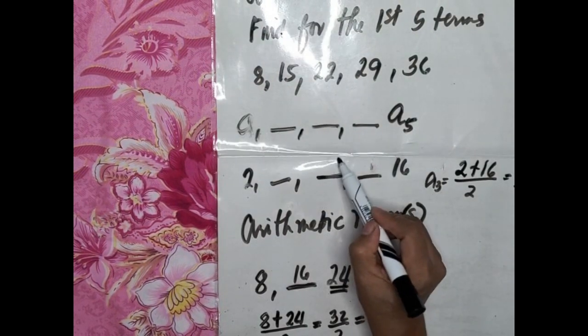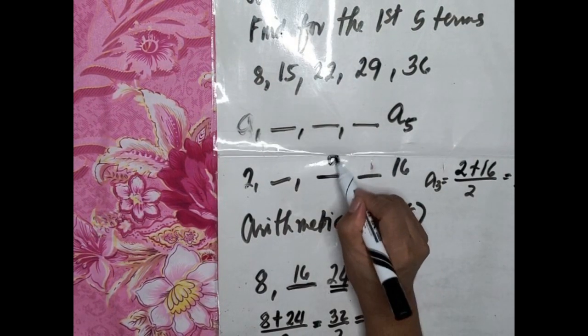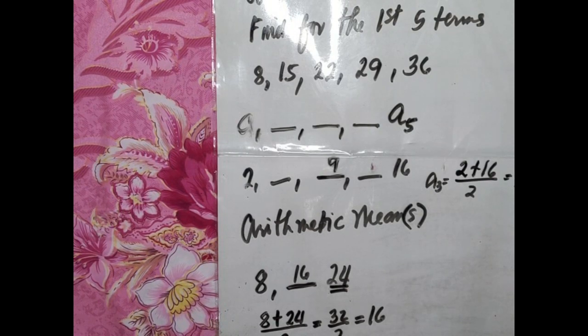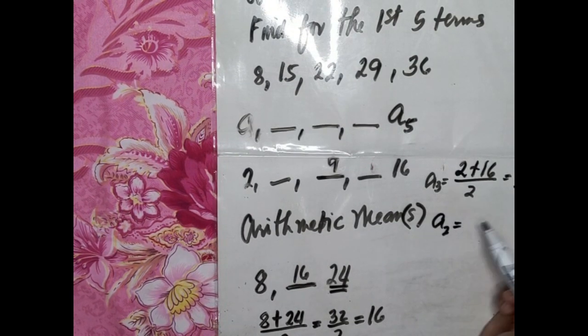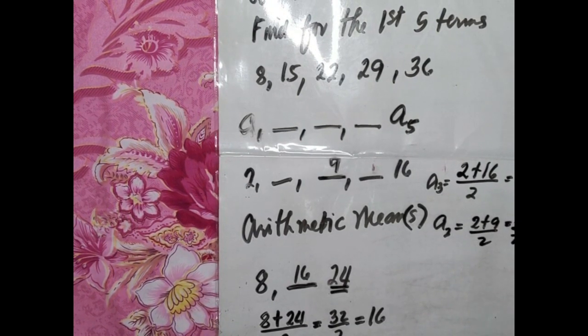So our mean is 9 between the two terms. Then what is 2 plus 9, to come up with your second term? That is 2 plus 9 equals 11 divided by 2. And what is 11 divided by 2? That is 5.5.